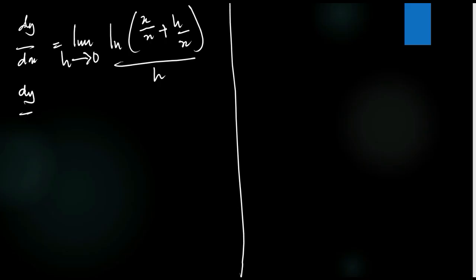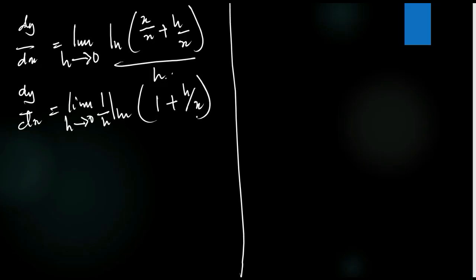The h here is the same thing as multiplying the whole expression by 1 over h. That is the limit as h tends to 0 of 1 over h times ln of 1 plus h over x.